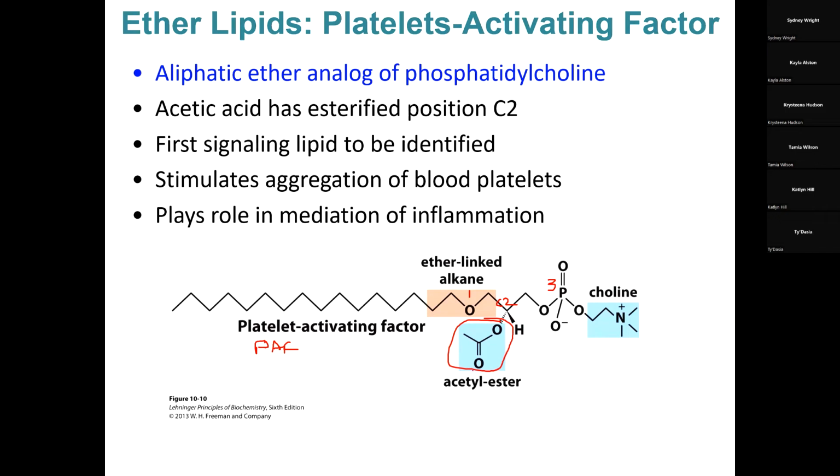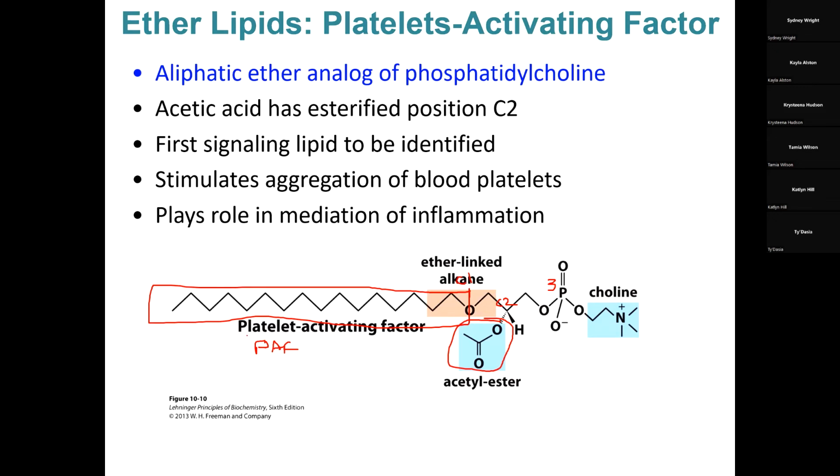The fatty acid is actually a very simple acetyl, and then we have this long fatty ether attached here to the first carbon, a long chain alkane.